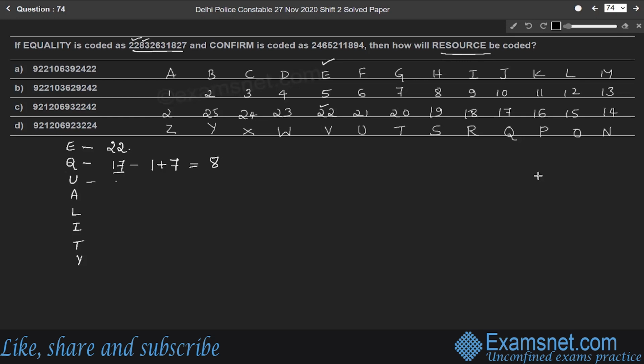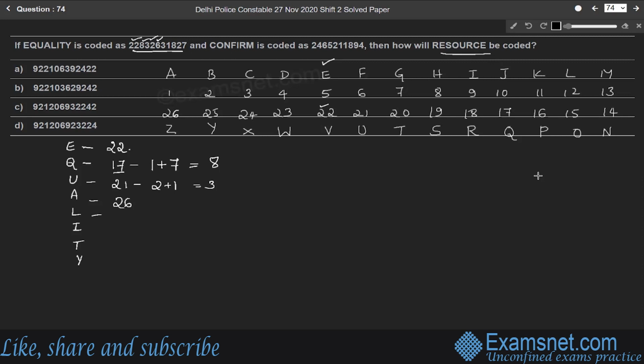Its positional value is 21. So this is coded as 2 plus 1, which is 3. Check with the answer. Yeah, it is 3. For A, the positional value is a single digit. So it is coded as the opposite positional value, that is 26. Check with the answer. Yeah, for A, it is 26.